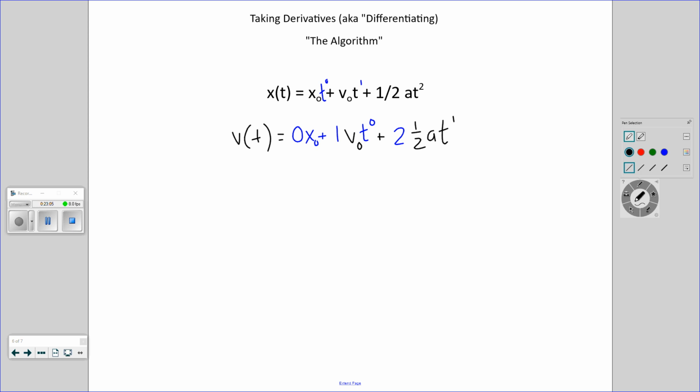Agreed? That's the same as saying Vt is V naught plus AT.